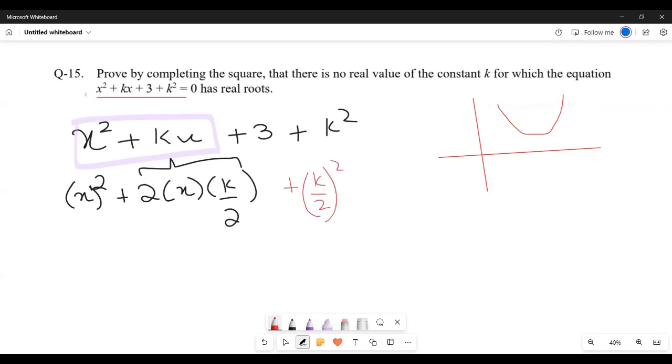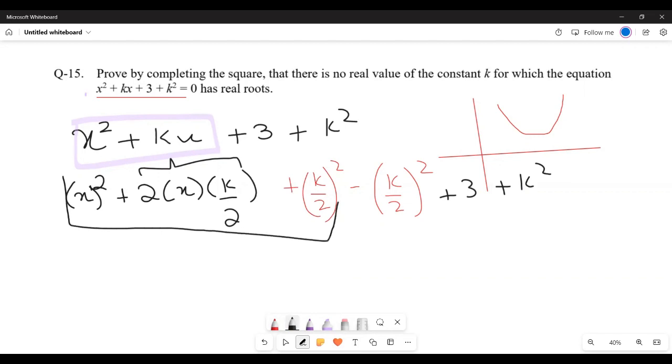However, this is something that we have added to the expression. It's not already there. So we have to undo that as well. Minus k by 2 whole square. And then there's a plus 3 already. And then there's a plus k square already. Now these three will merge and give us a completed square term, which will be a plus b whole square. And then the constant will be all of this.